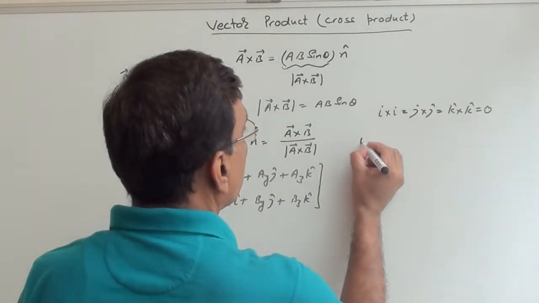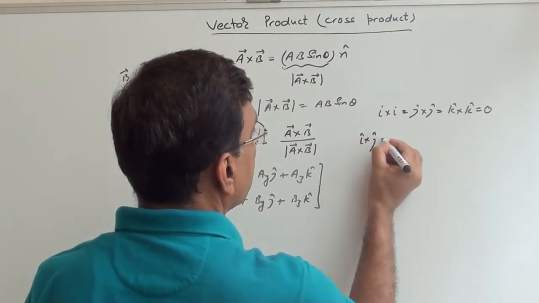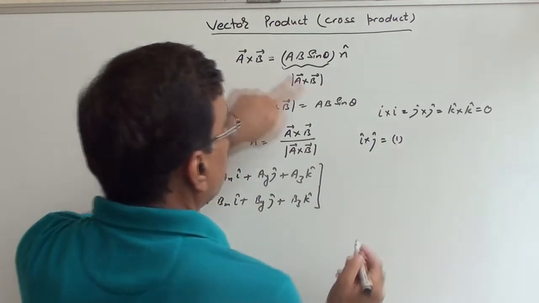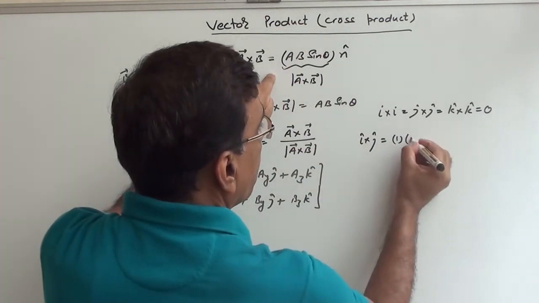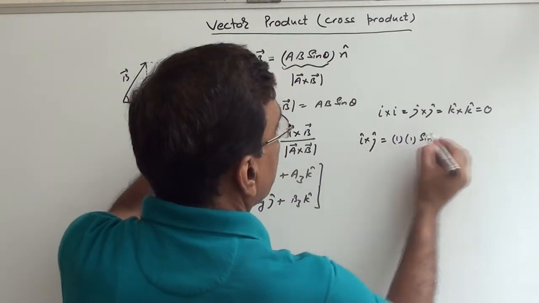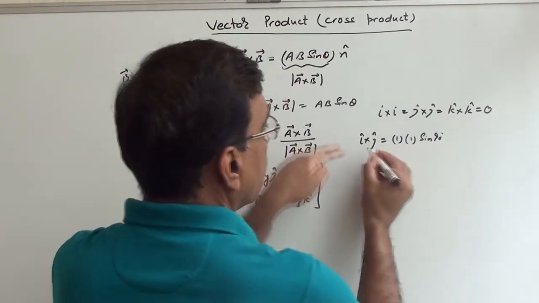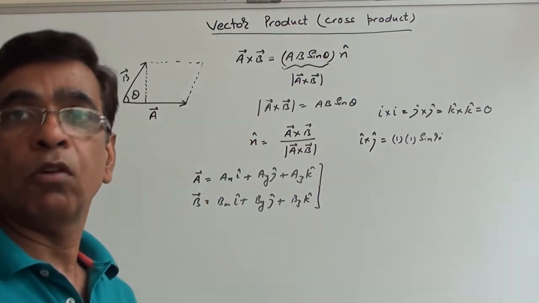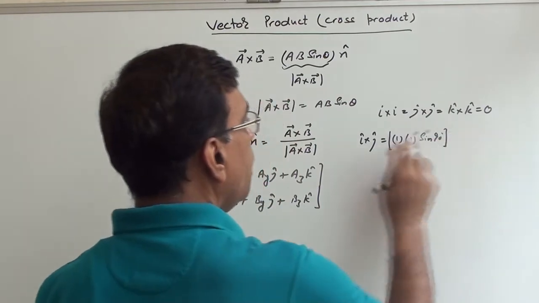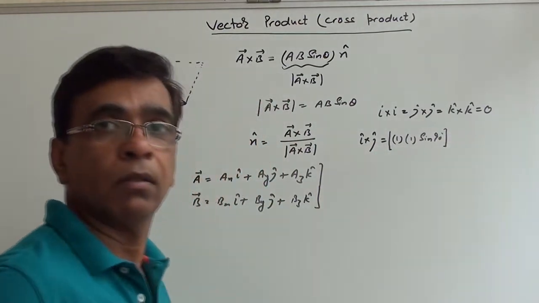And what about I cross J? Use the same formula. The magnitude of the first vector is 1, the magnitude of the second vector is 1, and sine of the angle between I and J is sine 90, because these are the unit vectors along x and y, into a unit vector perpendicular to both.